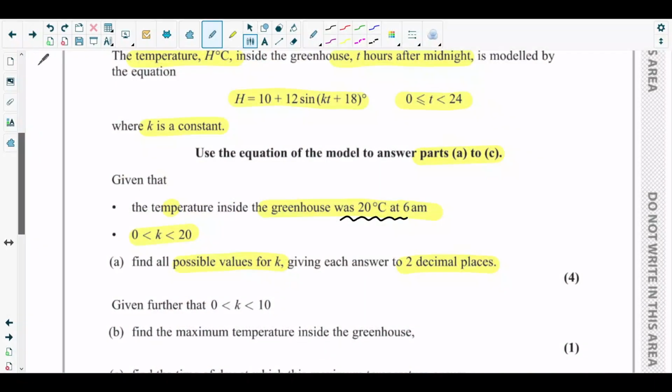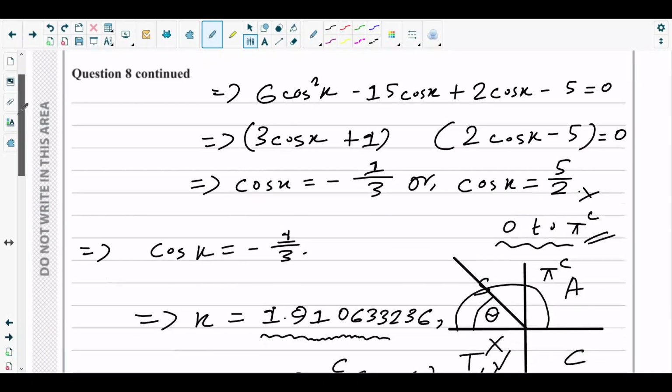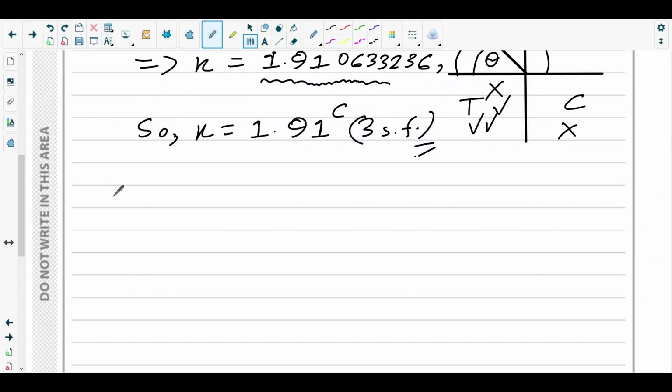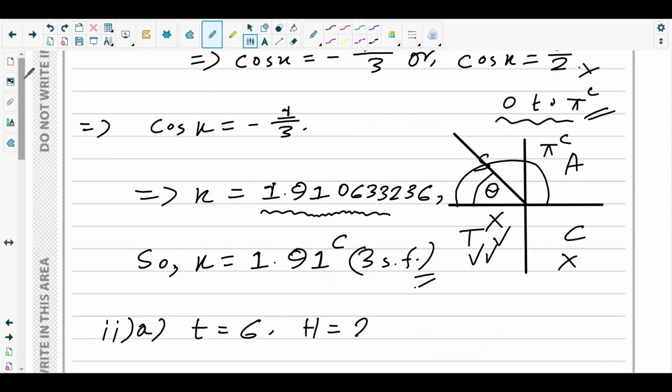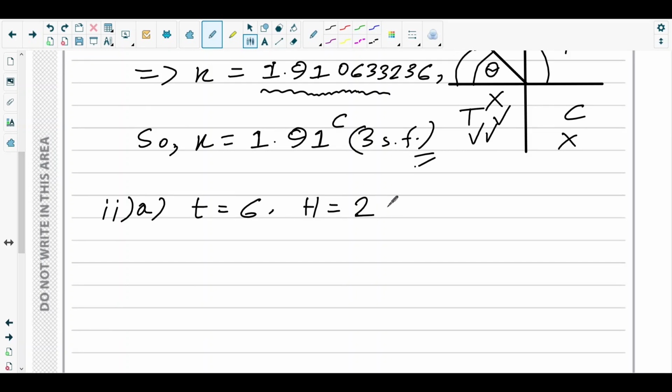That means T equals 6, because the time is measured after midnight, right? So for part 2a, when t equals 6, the value of h is 20 degrees Celsius.